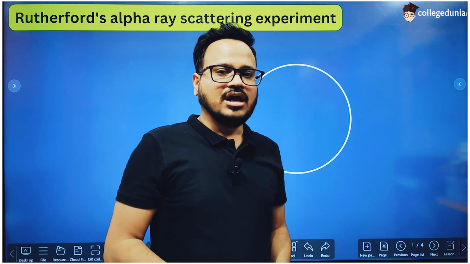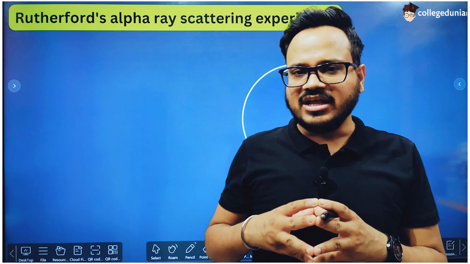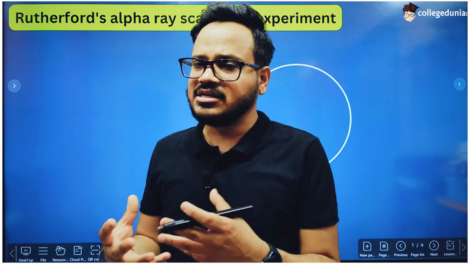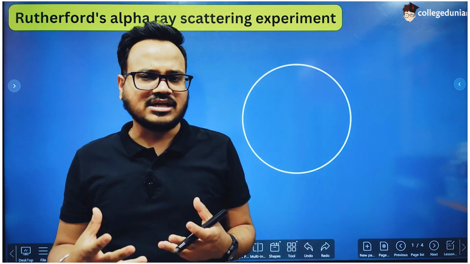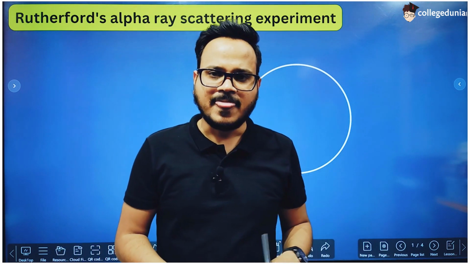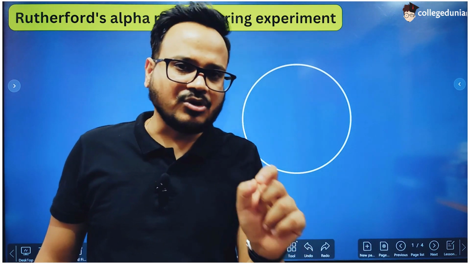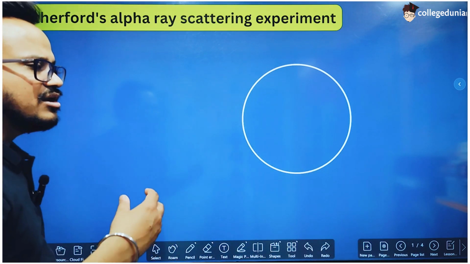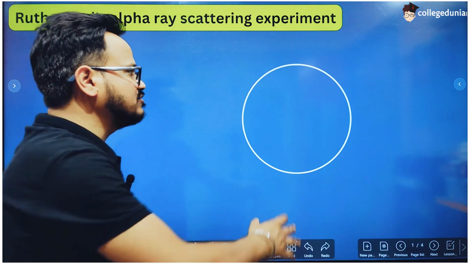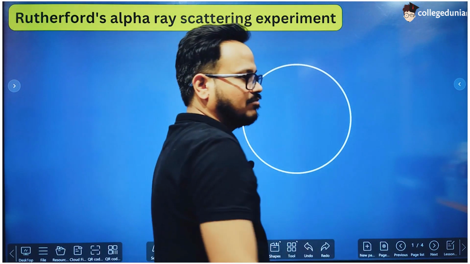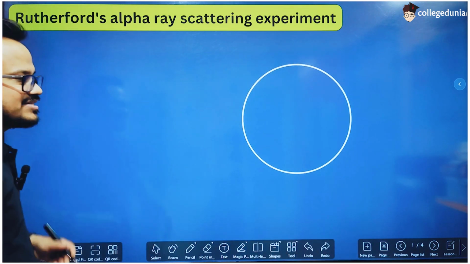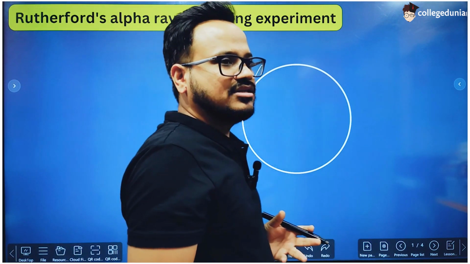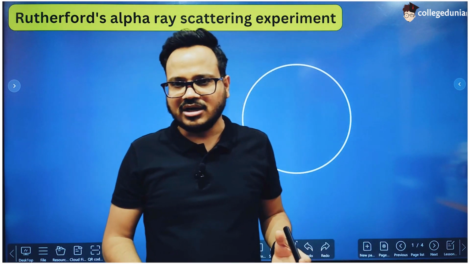Since alpha particles suffer very little deviation, and positive charge gets repelled by positive charge, and since the alpha particle is positively charged, the positive charge in the atom must be concentrated in a very small region. If the positive charge was distributed in the entire atom, then obviously most alpha particles would suffer deflections at some angle or other, right?